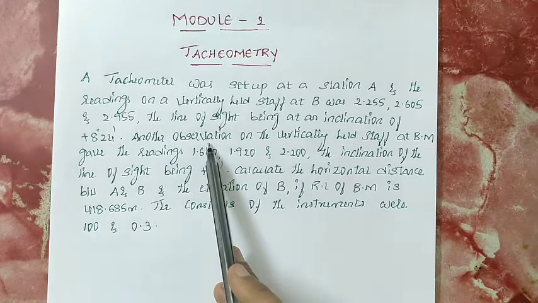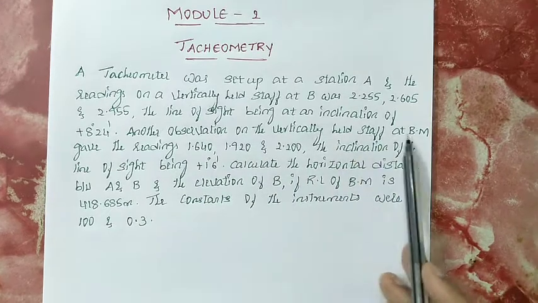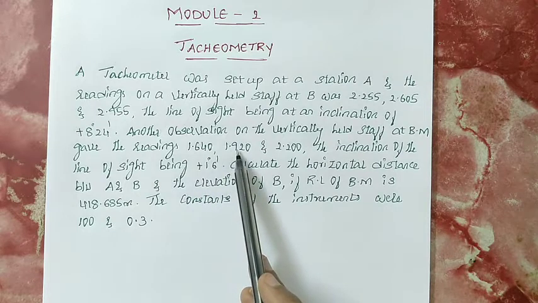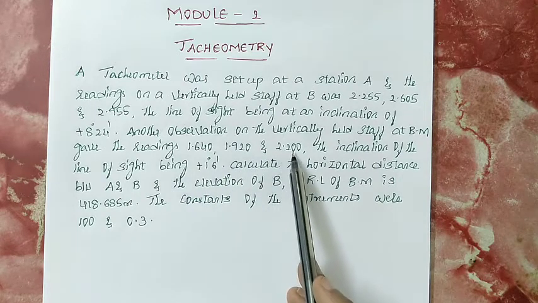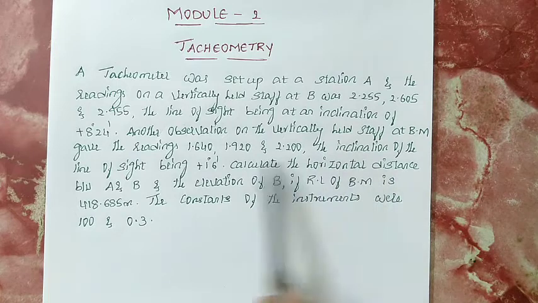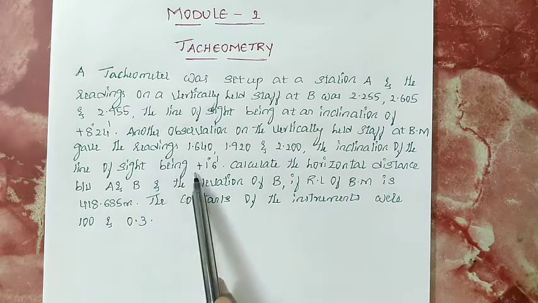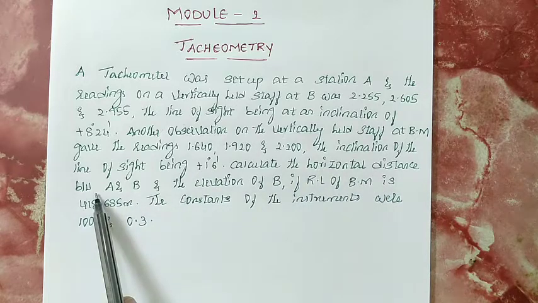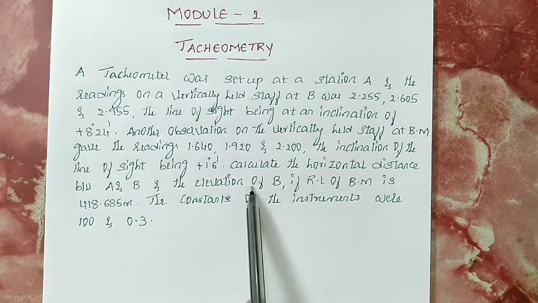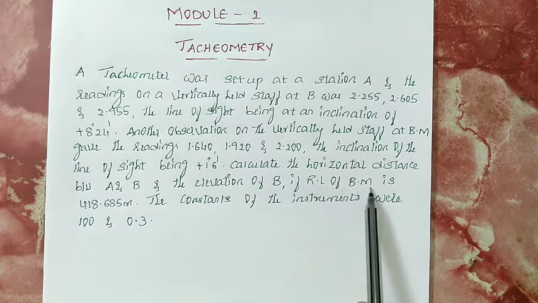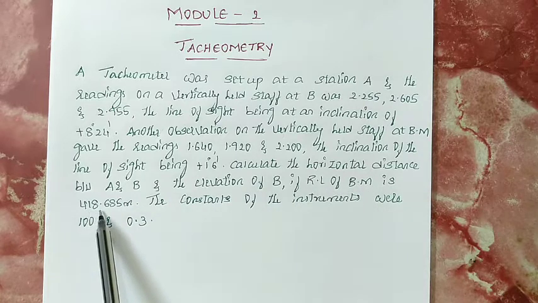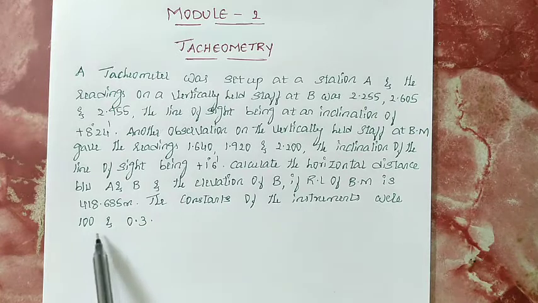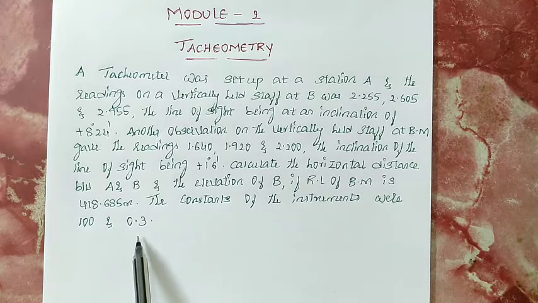Another observation on the vertically held staff at benchmark gave the readings 1.640, 1.920 and 2.200 meter. The inclination of line of sight being plus 1 degree 6 minutes. Calculate the horizontal distance between A and B and the elevation of B if RL of benchmark is 418.685 meter. The constants of the instruments were 100 and 0.3.